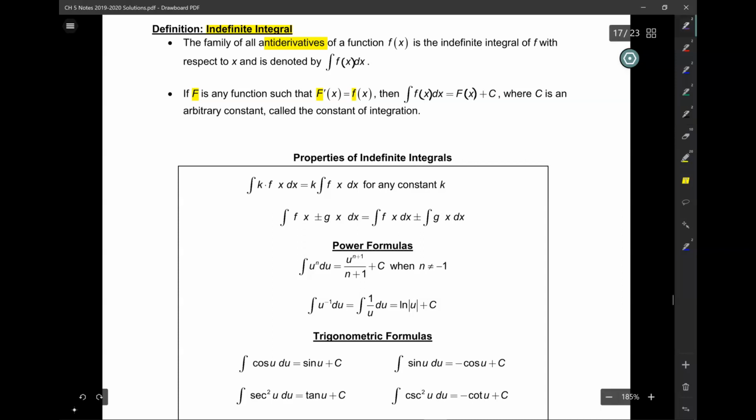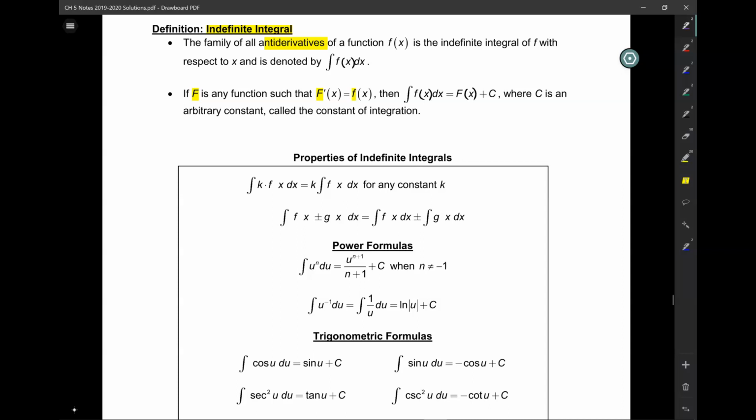What we have here is the derivative of some function. That's F prime, the derivative. That is f of x. So one is a derivative and one is an antiderivative.